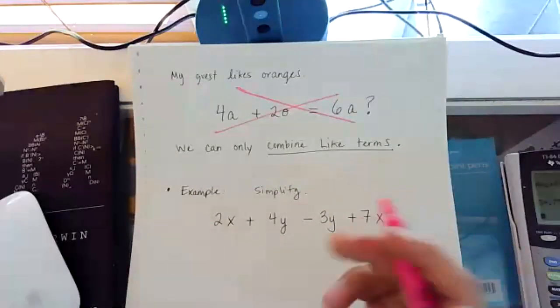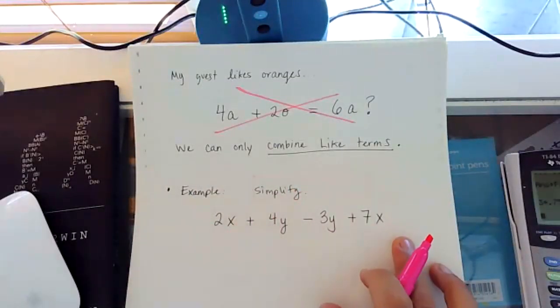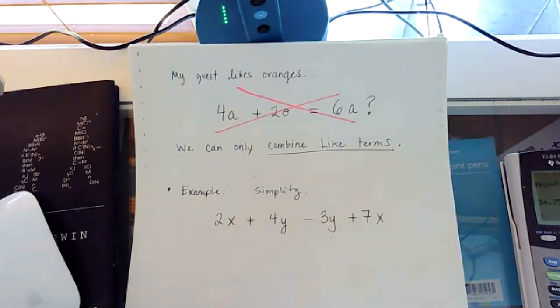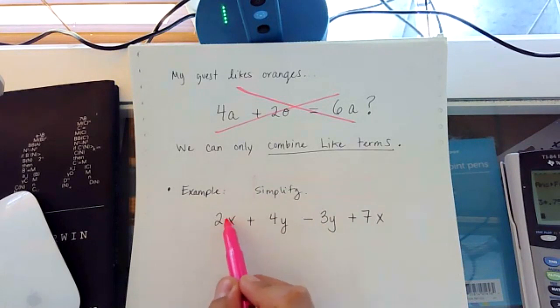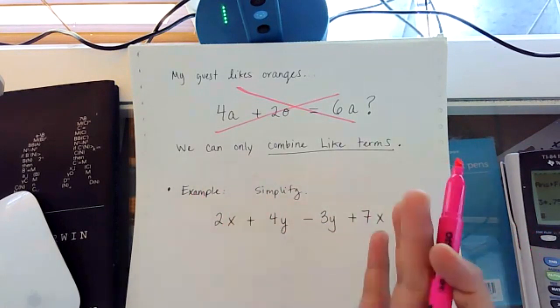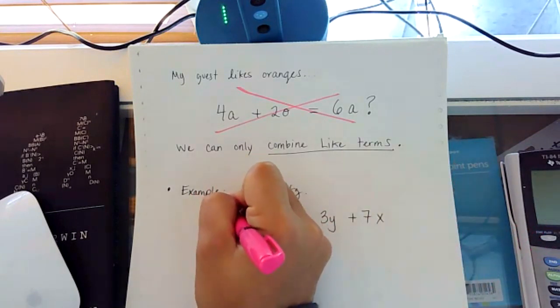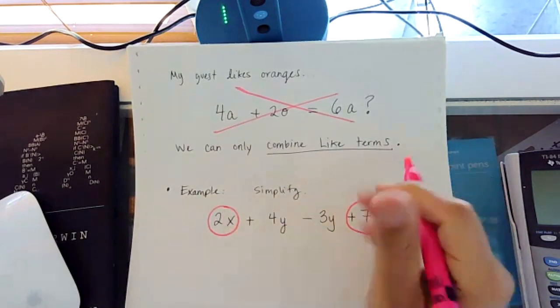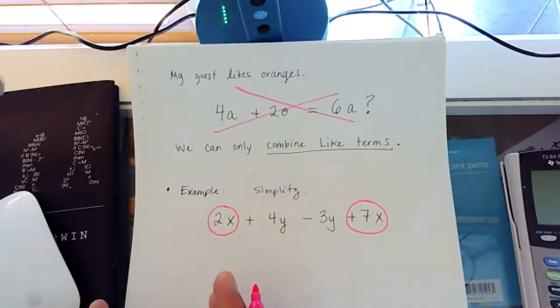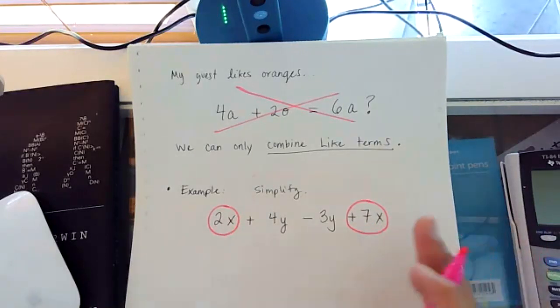So that's exactly right. So if I told you to simplify this expression, I haven't given you any values for the variable. But what we can say is I have two of these quantities that I'm calling x. You can think of it like I have two apples. So I like to circle them and give them the same shape because I have the same object, 2x plus 7x. Well, if I want to simplify that, like if you were talking to a friend, you wouldn't tell them I have 2 apples and 7 apples.